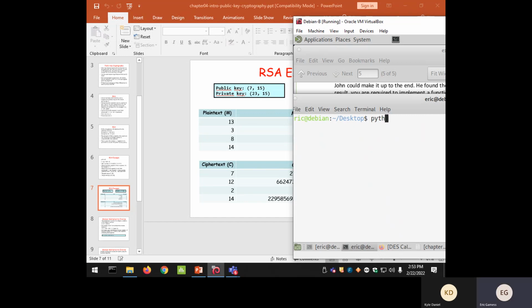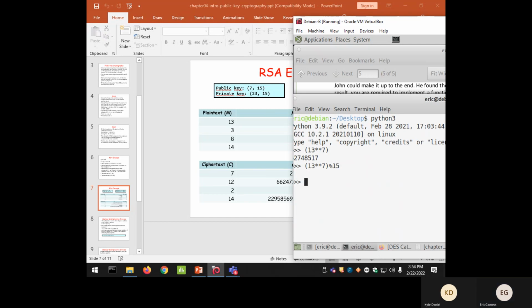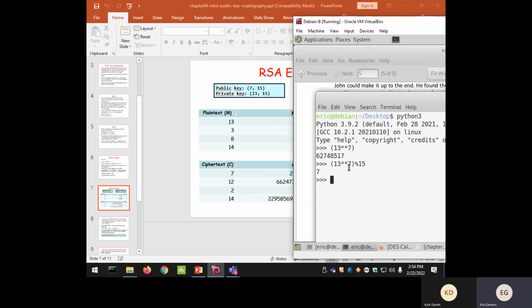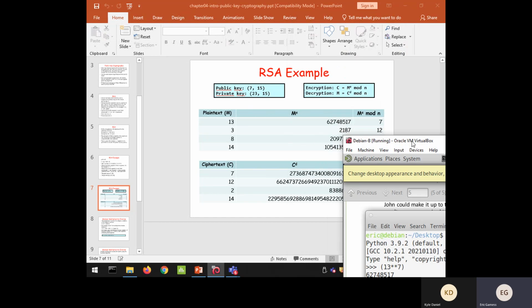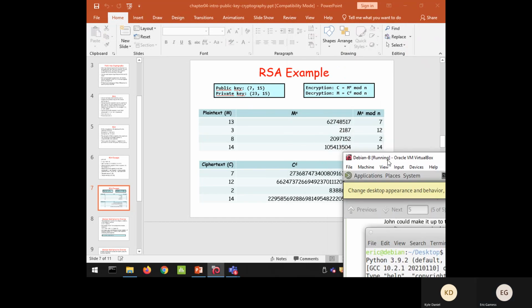So Python 3, I need to do 13, which is the clear text, to the power of 7, modulus 15. So the result is 7. So the plain text 13 will become 7, as you can see here.